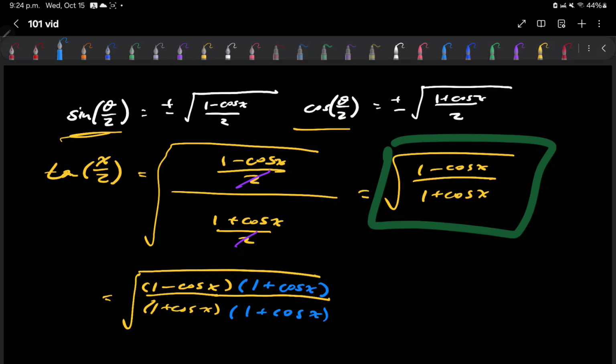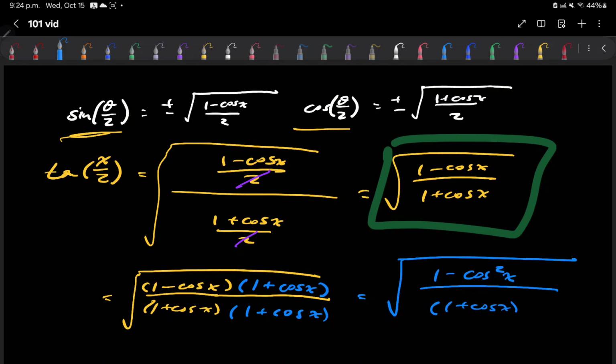This gives us a big square root with 1 minus cos squared x on top and 1 plus cos x, all squared, on the bottom. From our Pythagorean identity, we know that 1 minus cos squared is equal to sine squared. Hopefully that makes sense. Actually, we didn't get rid of the plus or minus.